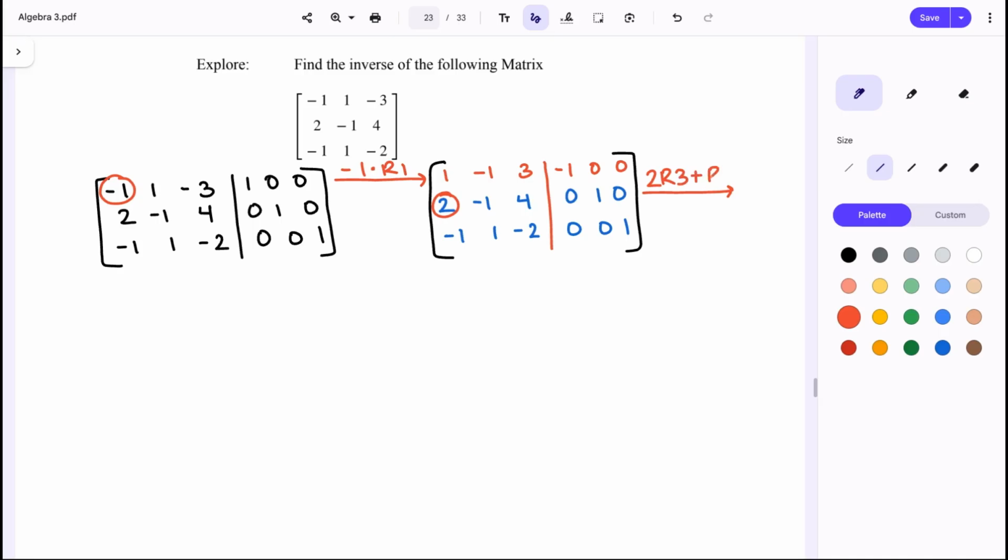I think we'd want to add it, yeah, right? Because if we take a 2 times a negative, then they're opposite signs. Okay, so this is going to impact row 2. So row 2 now, if I do these, would be 0, 1, 0. That's positive. And then the last one here would be 0, 1, and 2. Everything else stays the same.